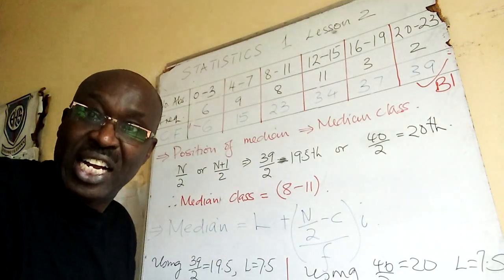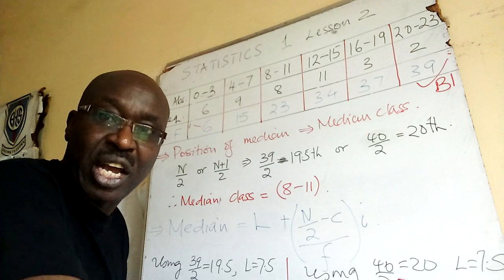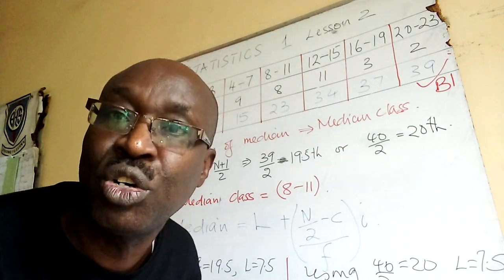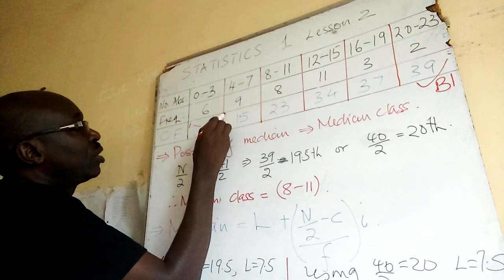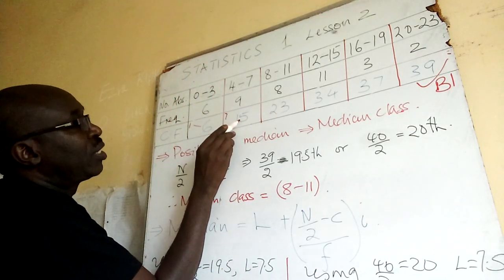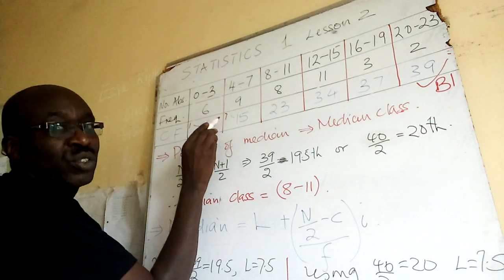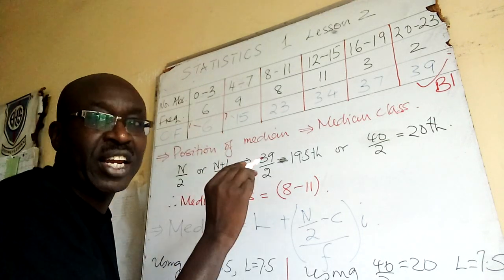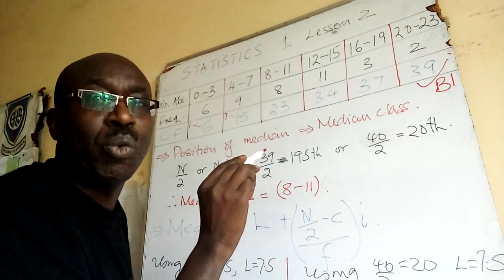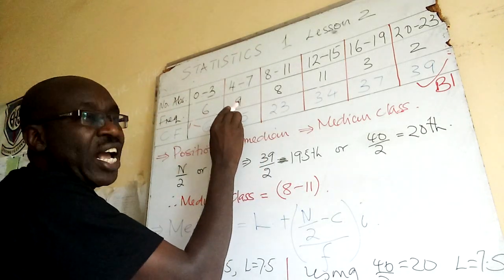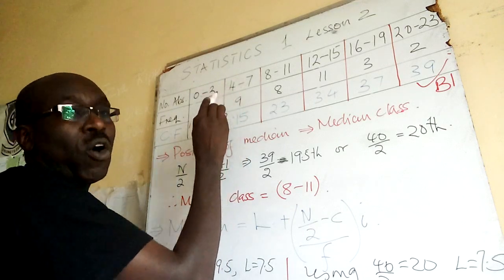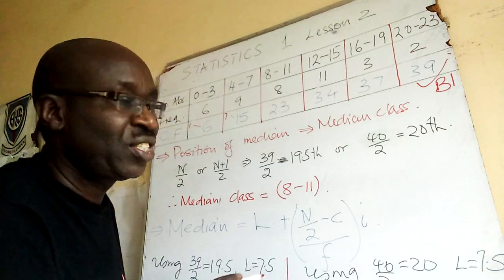So the next position we are going to handle is from position 7. So 6, 7, 15. From position 7 up to 15, those positions were occupied by the 9 students who were absent between 4 and 7 days.